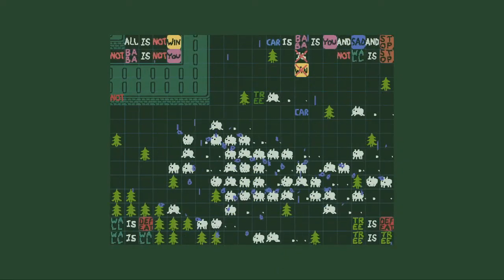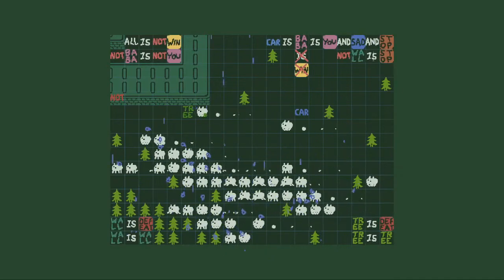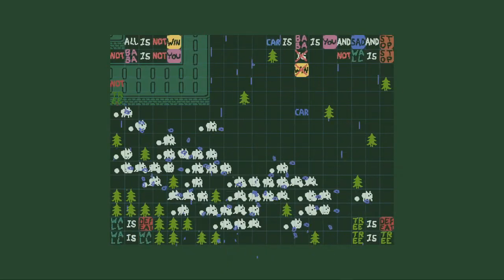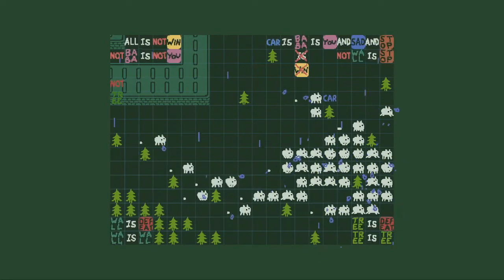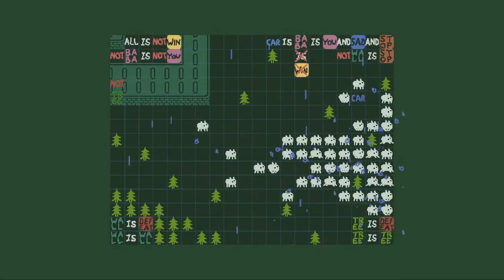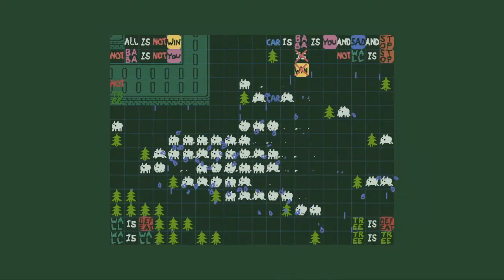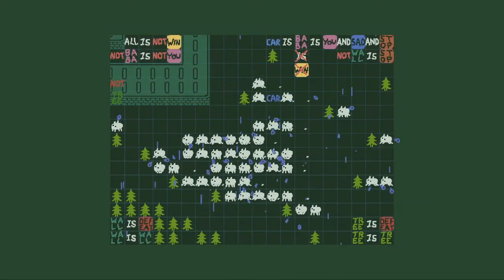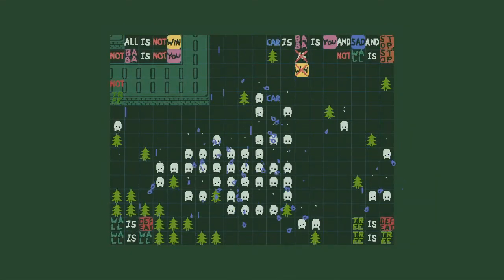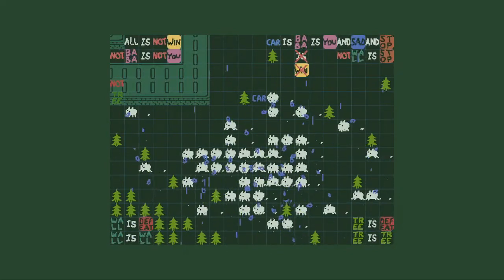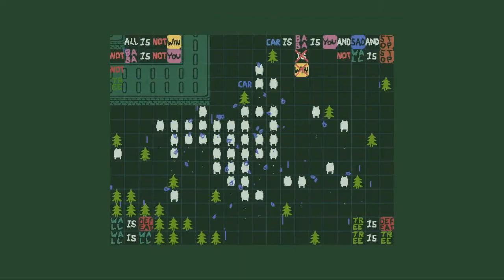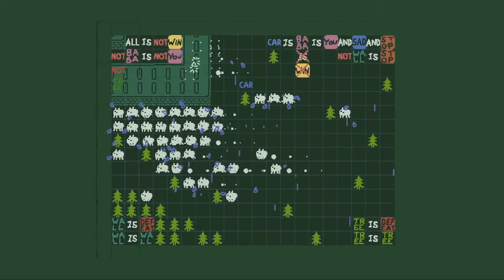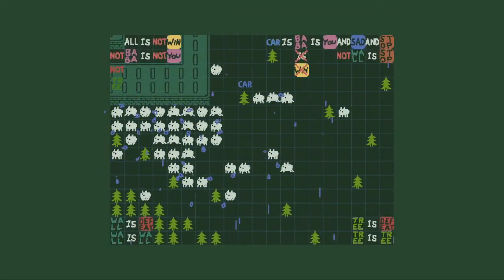So Baba is win is currently not legal, but that's fine, because I'm about to make it legal by pushing some more words around. I can push that to the left. And then that's fine. Yeah, actually, let's intentionally kill off some Babas, except I want to keep this one.